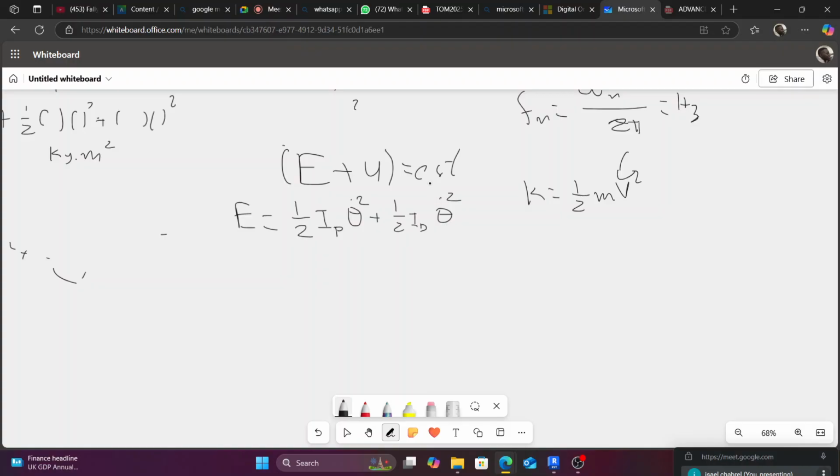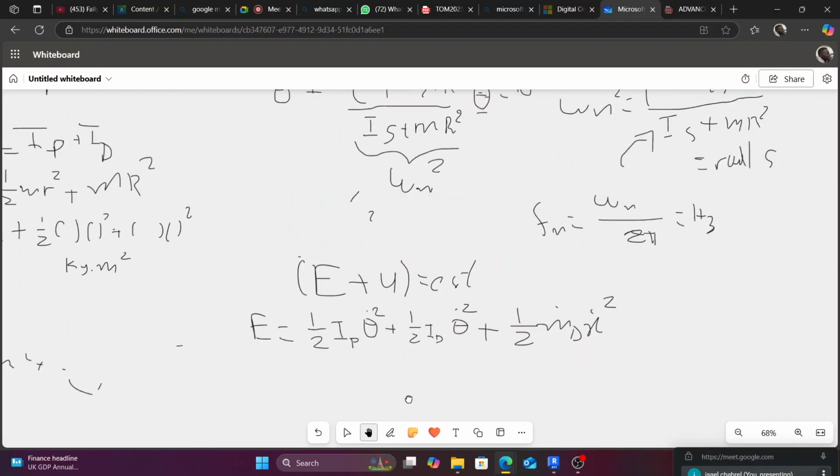Another term that you have here is also the disk, but remember, the disk has this moment of inertia because the disk rotates. In this case, the disk is also creating a linear motion. How does it create a linear one?